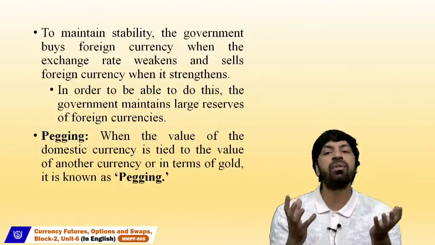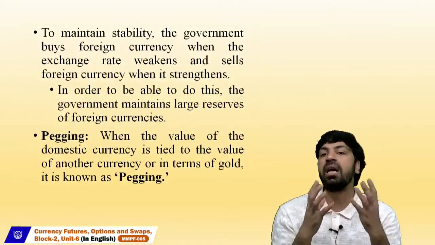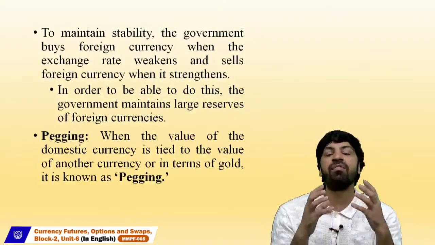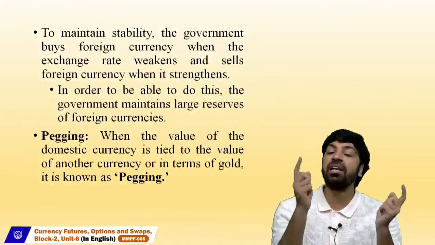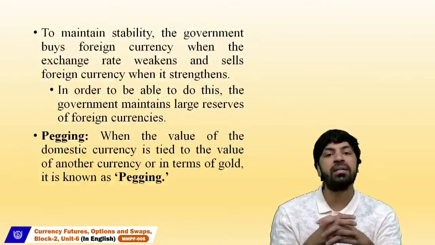In this concept, there is one more term that comes under it, that is pegging. Pegging refers to the value of a domestic currency being tied to the value of another currency or to gold.